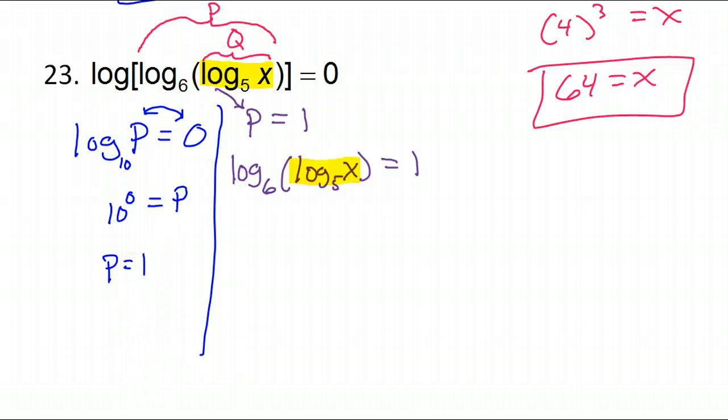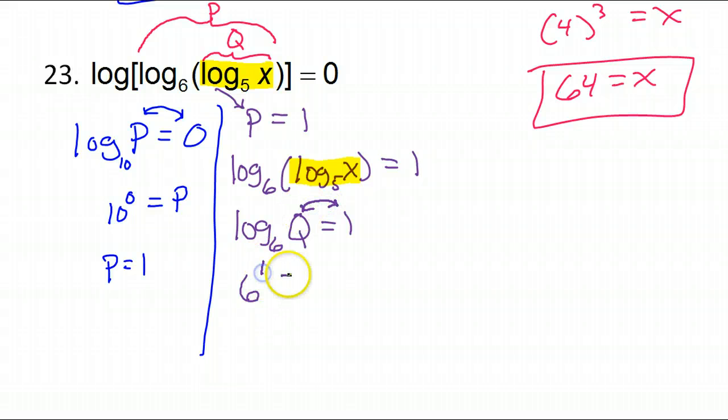So this would be the same as having log base 6 of Q equals 1. So let's figure out what Q is so we can move forward. Again, if we rewrite this in exponent form, starting with the base, so we'll have 6, and these will change sides.